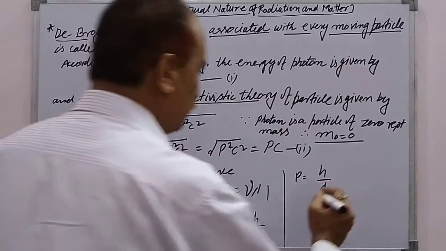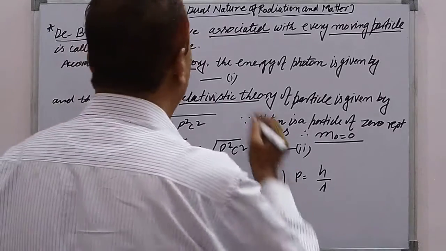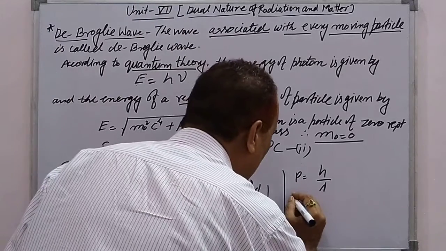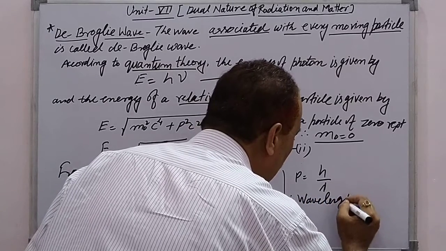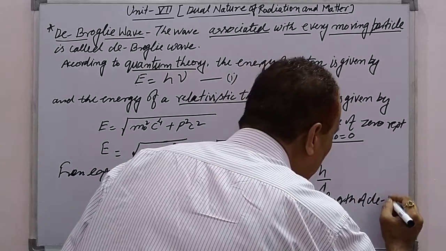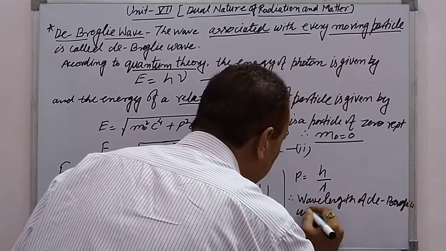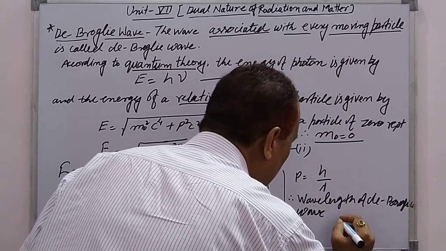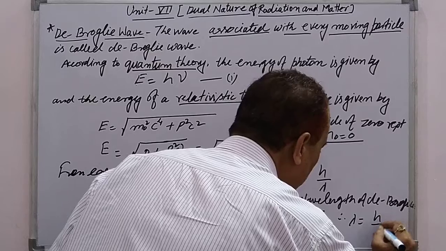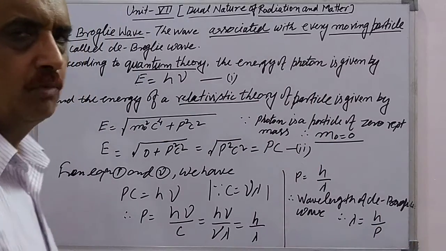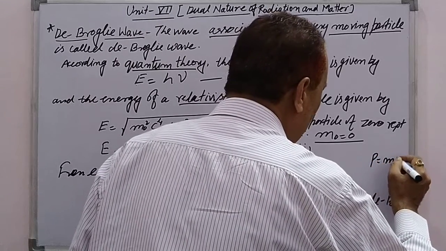From this relation we can write the relation for the wavelength of the de Broglie wave. Therefore the wavelength of the de Broglie wave is lambda equal to h upon p, where p is the linear momentum, and we know that p is equal to m into v.